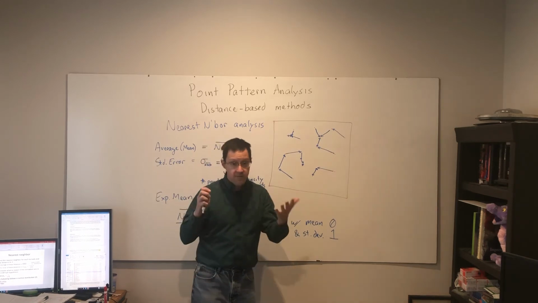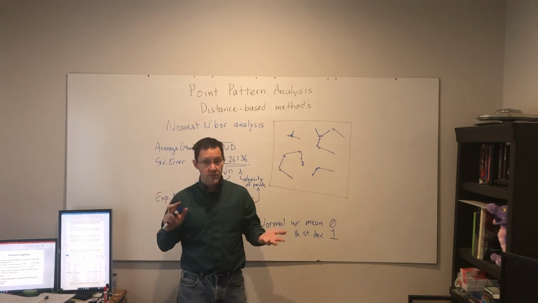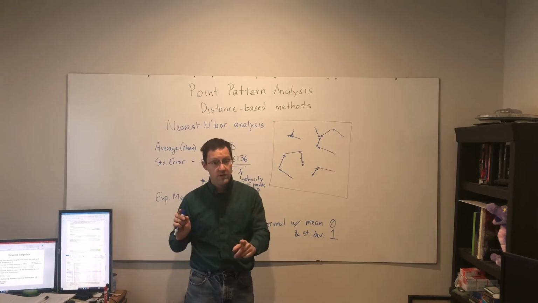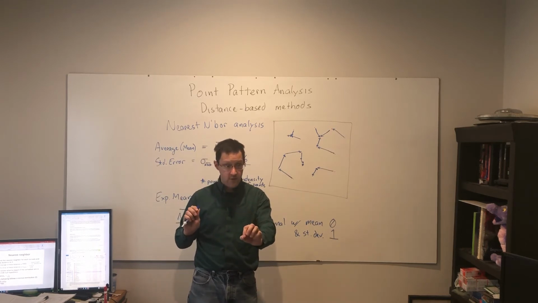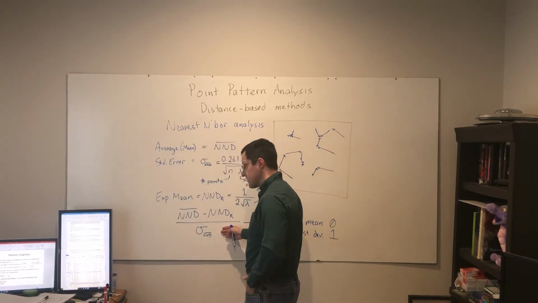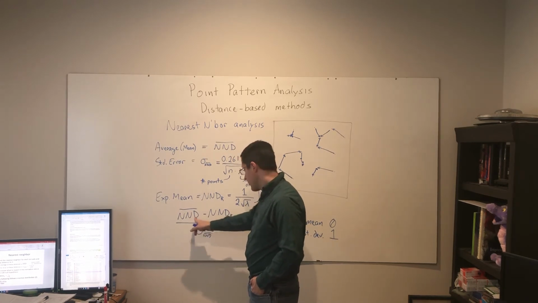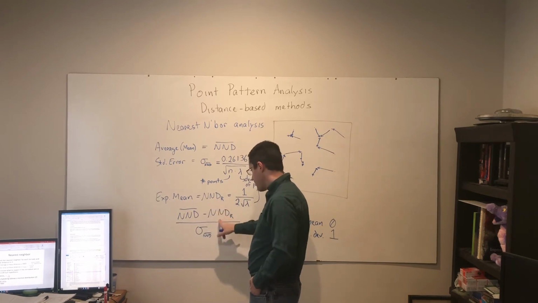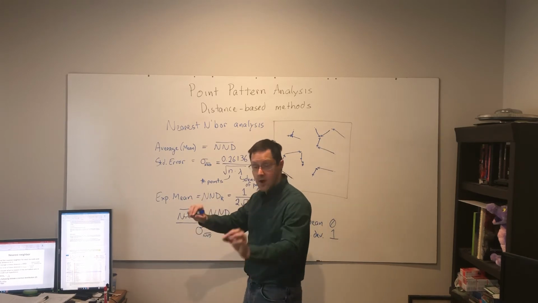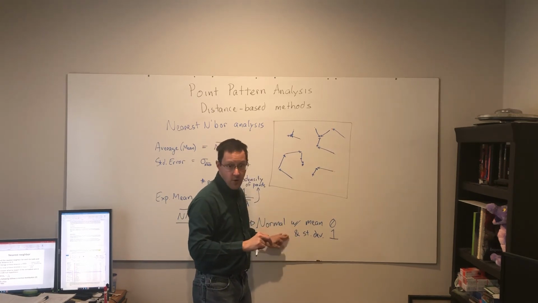So our z-test was comparing our value against what's called a standard normal distribution, the normal distribution with a mean of 0, a standard deviation of 1. Our z-scores created that for us. This does the exact same thing for this particular statistic. Take our actual mean, subtract off what we expect under randomness, divide by that standard error, and we can now check against this particular distribution for the null hypothesis.